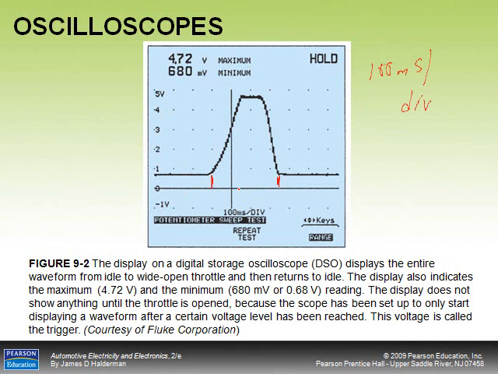Knowing that, from the time I open that throttle right here to the time I close that throttle right here, I'm looking at 100, 200, 300 milliseconds and a little bit more, maybe about 325 milliseconds as an estimate. Said another way, 0.325 seconds.